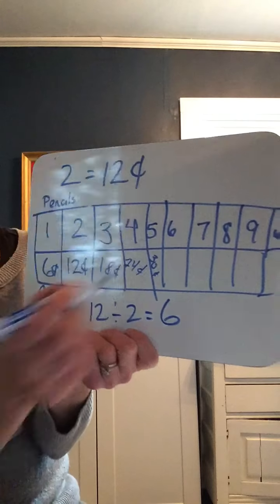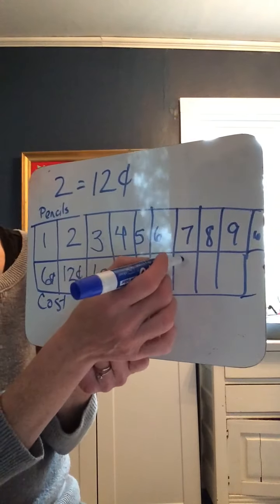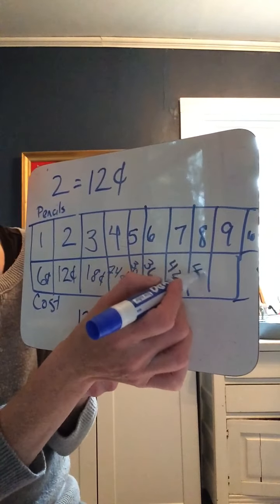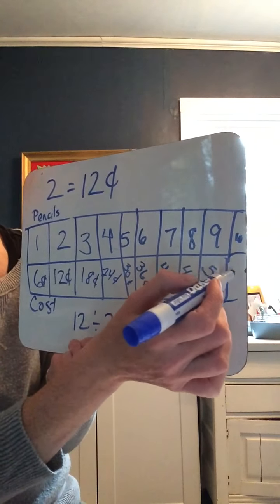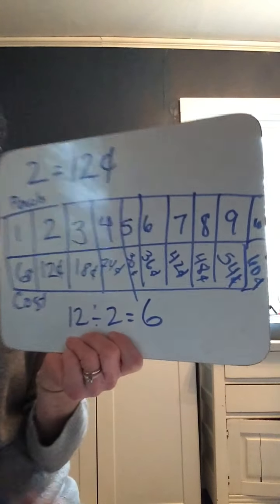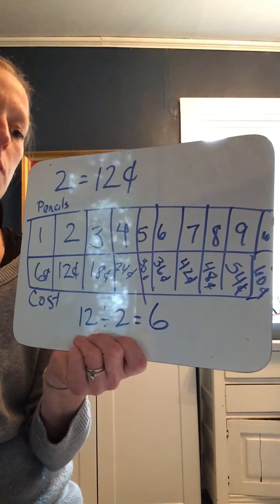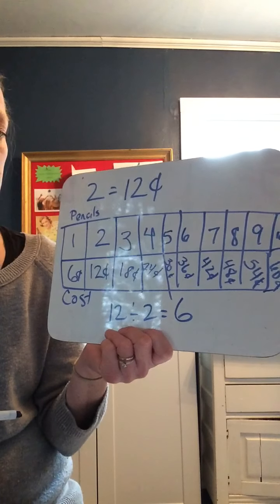That's 30. 6 times 6 is 36. 7 times 6 is 42. 8 times 6 is 48. 9 times 6 is 54. And 10 pencils would be 60 cents. So the answer to the problem, if 2 pencils cost 12 cents, what is the cost of 5 pencils? 5 pencils would be 30 cents.